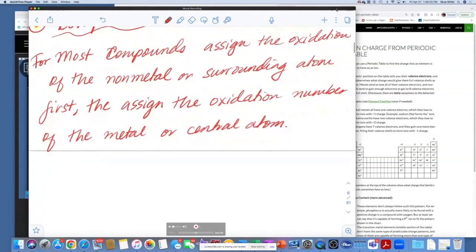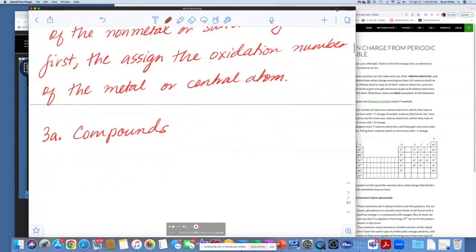So what do I mean by this? In rule 3A, we deal with compounds. So let's look at how this plays out in compounds. I'm going to start with regular compounds, right? I'm going to start with ionic compounds and then give you guys an example.